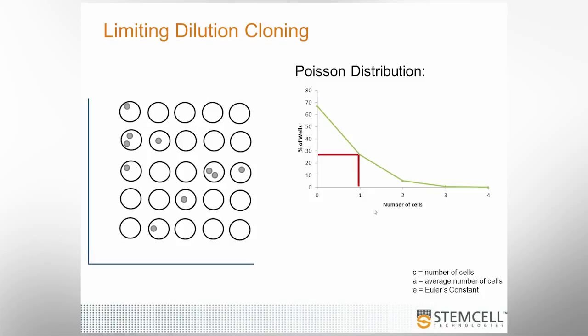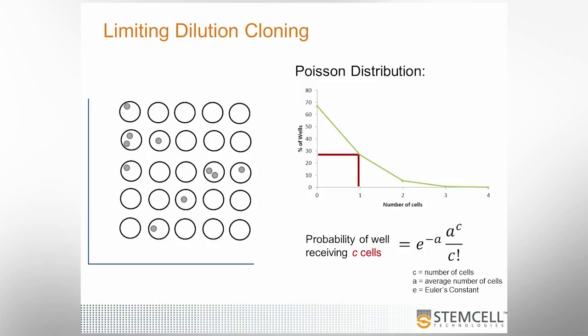So the possible number of cells per well is shown on the x-axis, and the probability, or the percentage of wells that contain a specific number of cells, is shown on the y-axis. So this equation helps us to estimate the probability that a given well will contain a specific number of cells.